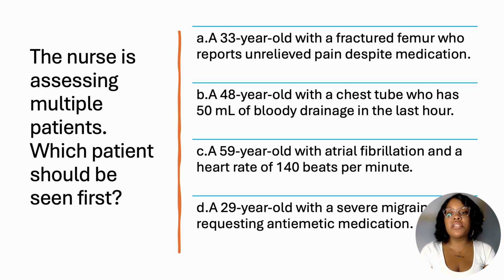So this puts this patient at an increased risk. So being that this patient's heart rate is super high, obviously this patient is in uncontrolled AFib. So we want to go see this patient first. Does that make sense, you guys?